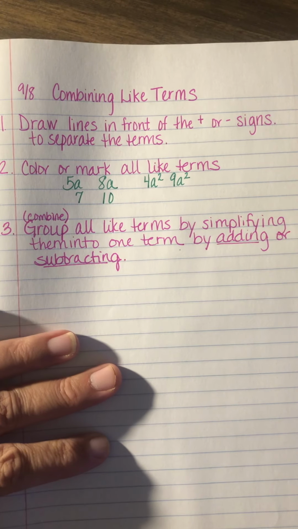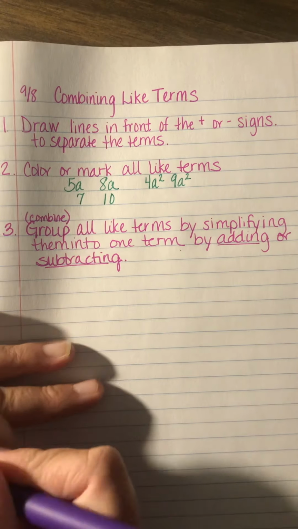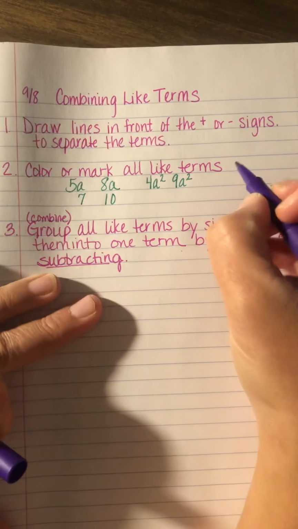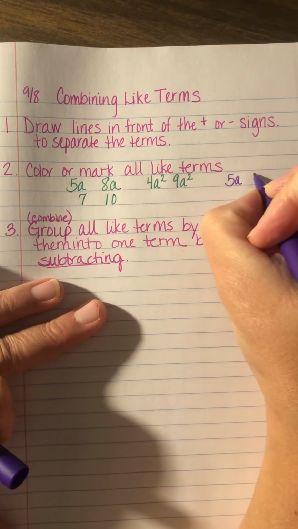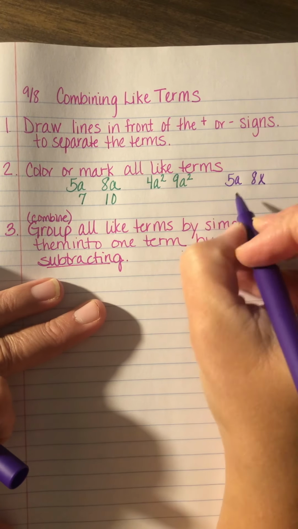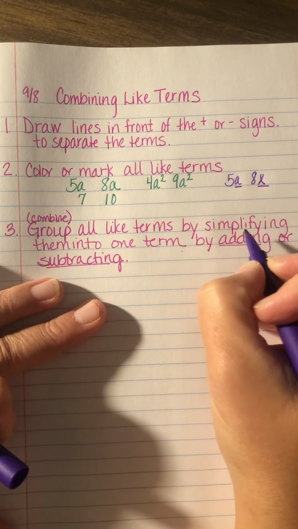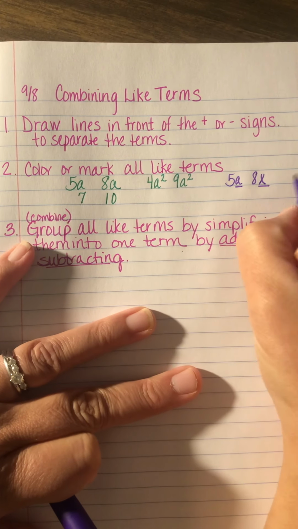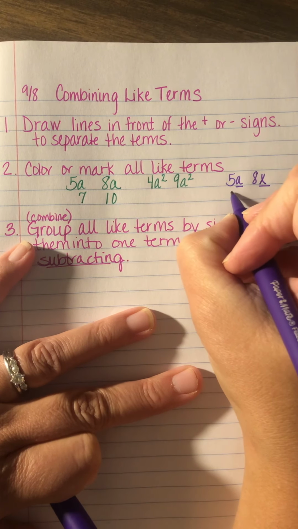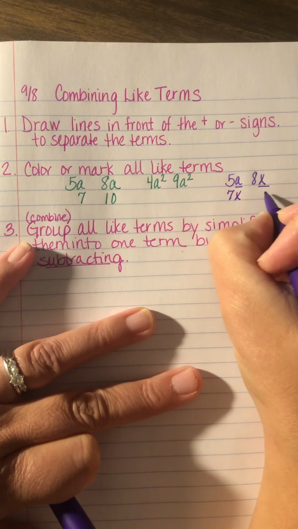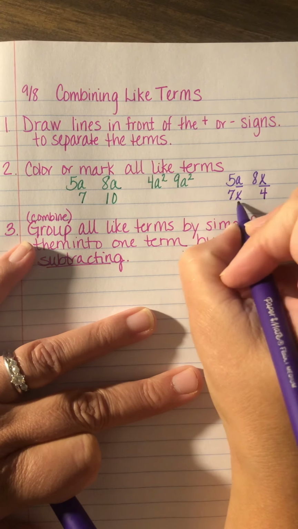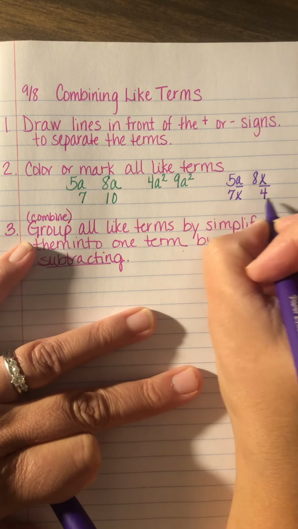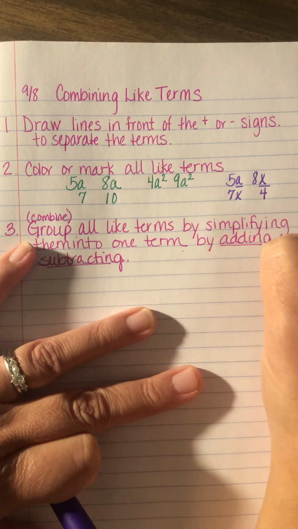Terms that would be not like would be things like different variables, 5a and 8x. Those are different variables, so those would not be like terms. If I had something with a variable like 7x, but then I just had a constant like 4, because they both do not have the x's, those would not be like terms.